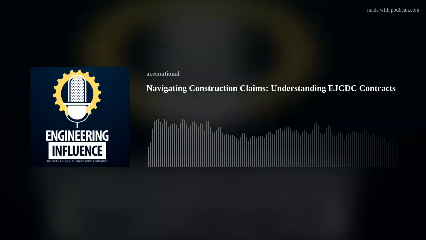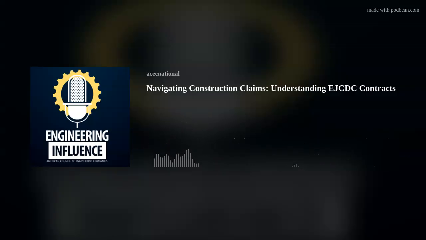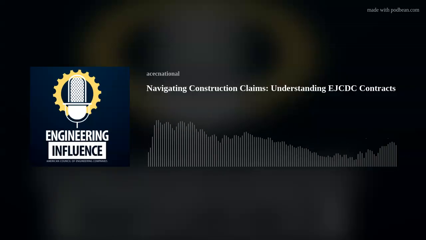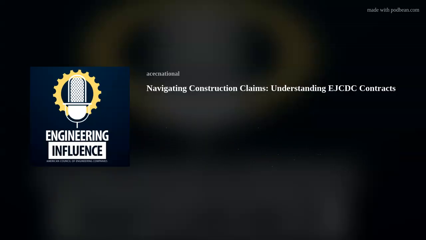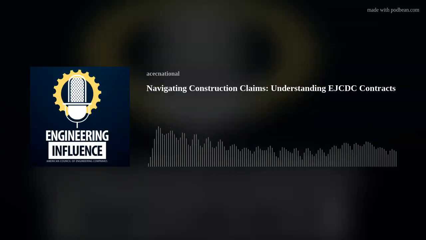Yeah, exactly. And the more a construction contract inequitably allocates risk to one party, like, for example, throwing all the risk on the contractor, owners and engineers might think that they're reducing the potential for construction phase change orders.